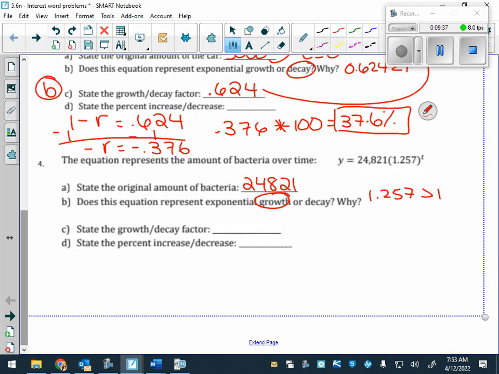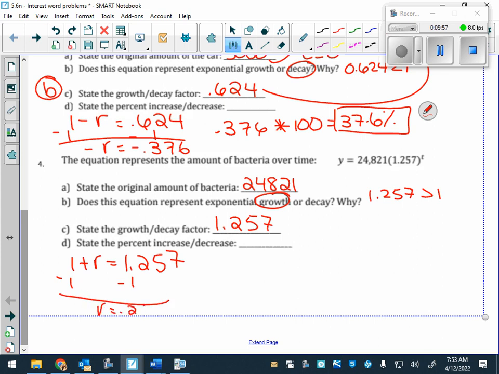Good. 0.257. Now to state the percent increase or decrease, you would take 1 plus r equals 1.257. Okay? Then you subtract 1.